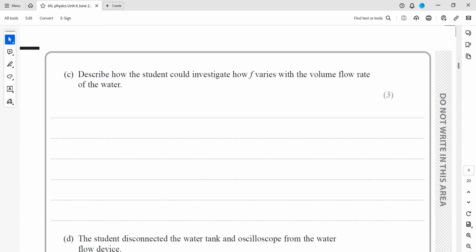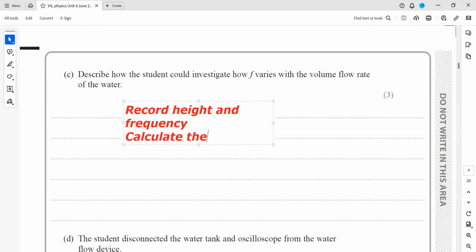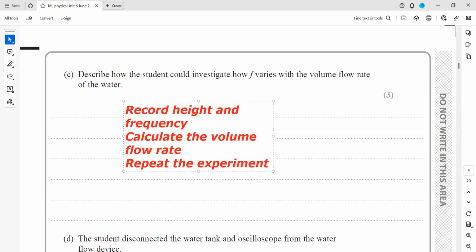So the student should record the height and frequency and calculate the volume flow rate. Then the student should repeat the experiment with different heights.